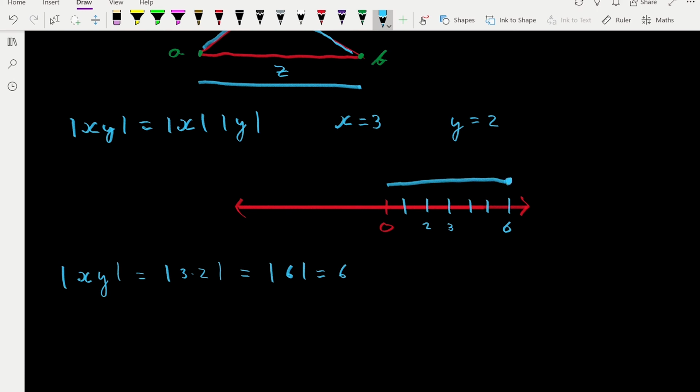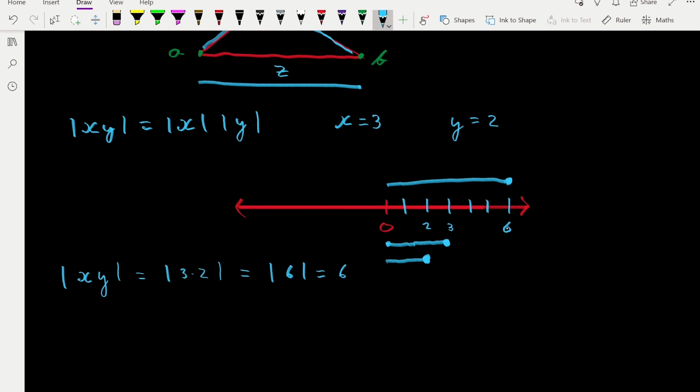And what that is the same as doing is first finding out the length of the first number, that's x equal to 3, and then secondly finding out the distance from 0 of the second number, and then multiplying those two lengths or distances from 0 together.